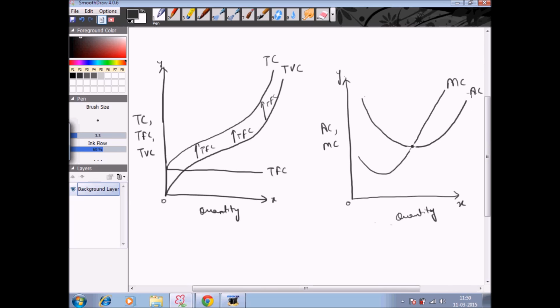So we can conclude to three behaviors shown by average cost and marginal cost curve. That is, first, average cost decreases at a lower rate than marginal cost.